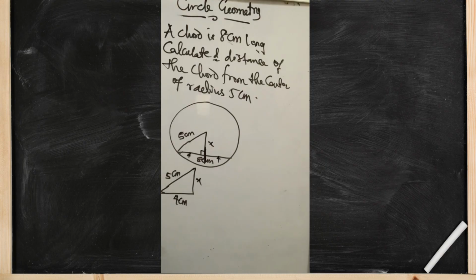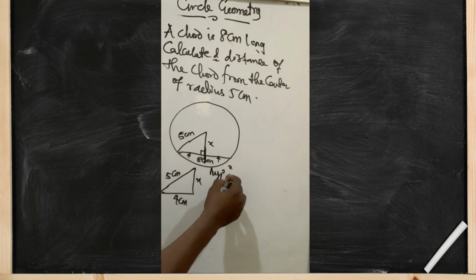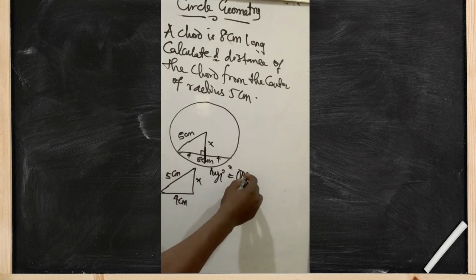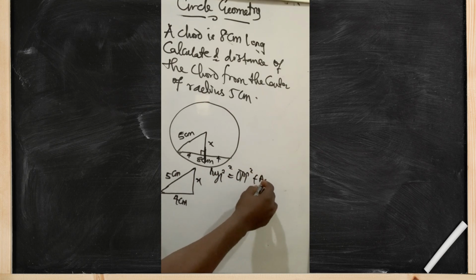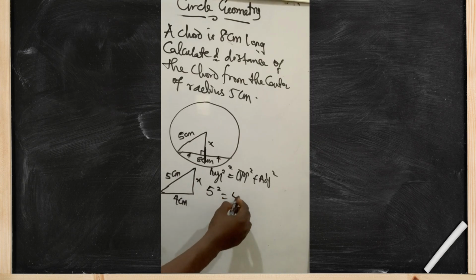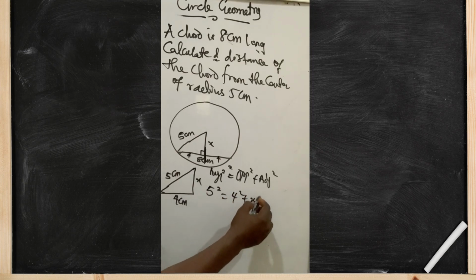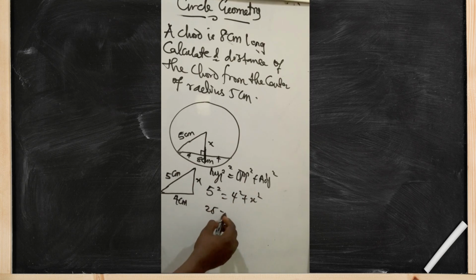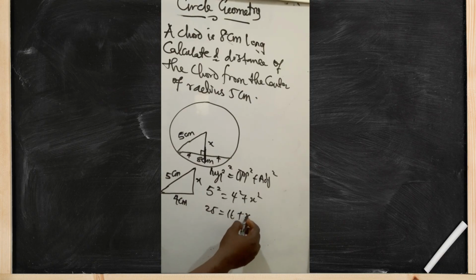So at this point, you're going to be using Pythagorean theorem that says the square of the hypotenuse equals opposite square plus the adjacent square, right? The hypotenuse here is 5, so 5 square equals 4 square plus x square. This is 25 equals 16 plus x square.